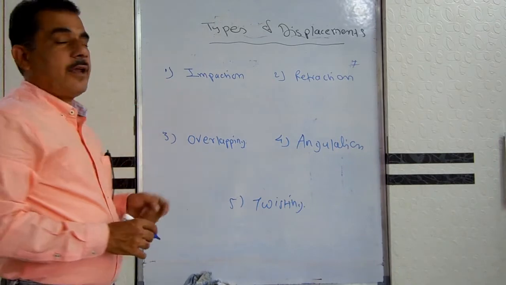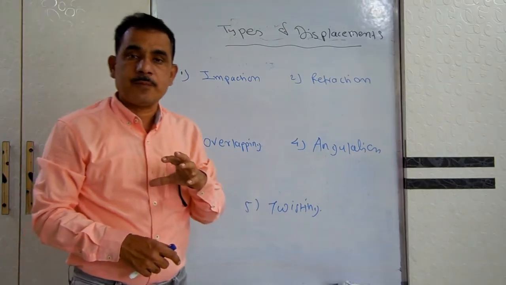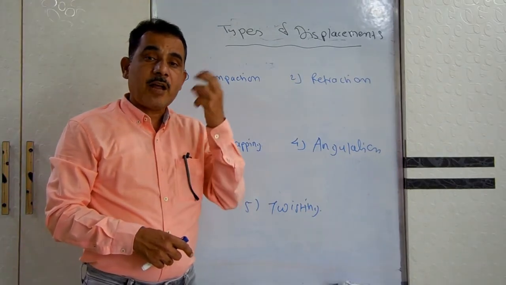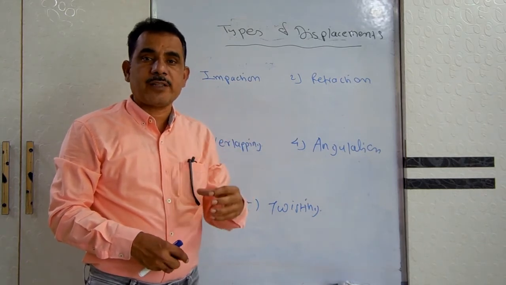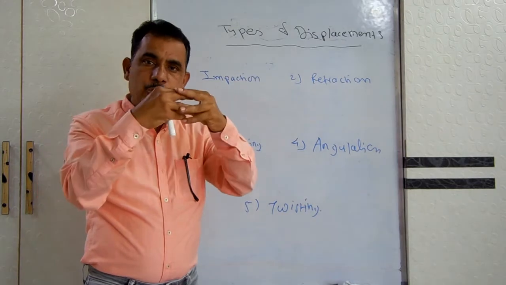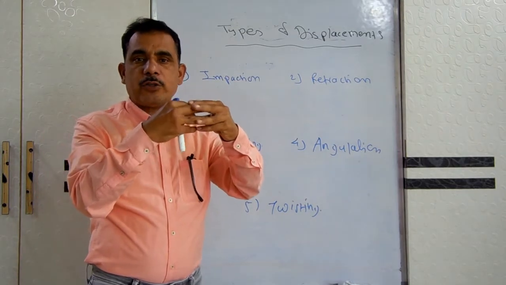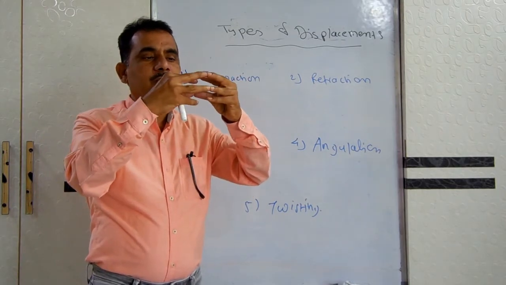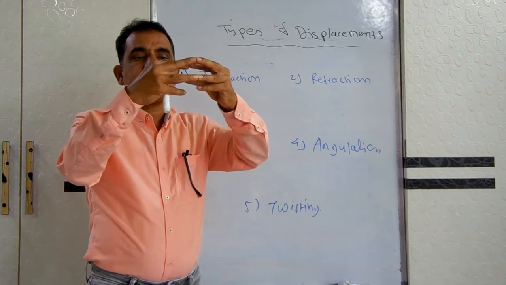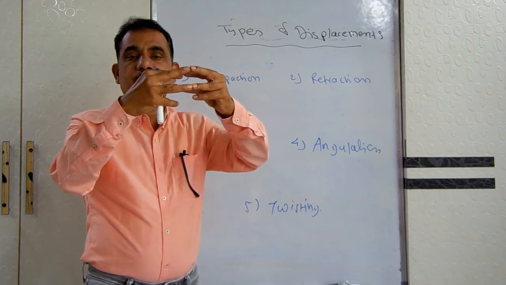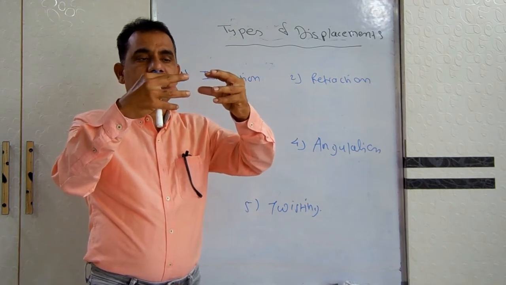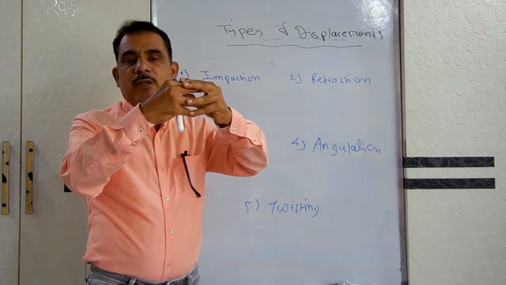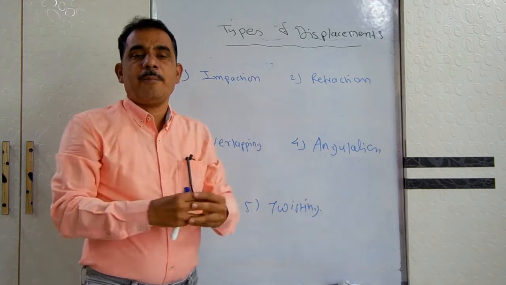The first one, impaction. Impaction means what? It is a type of displacement where after the fracture, the two fracture ends get impacted into each other. Suppose this is the bone and the fracture occurs, forming a line of separation, and after the line of separation, the fracture ends get impacted into each other. This type of fracture is called an impacted fracture.